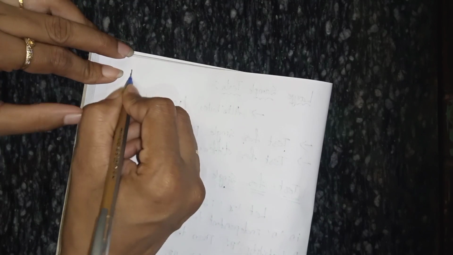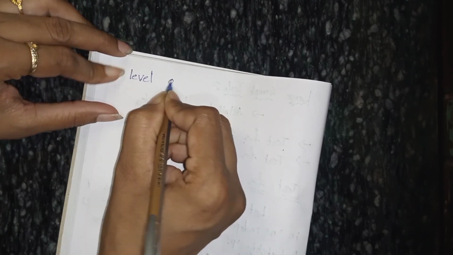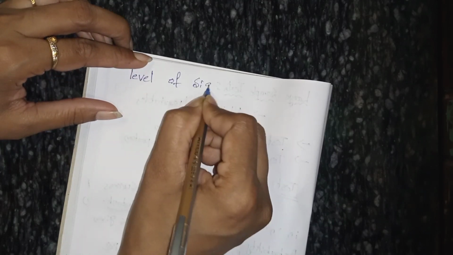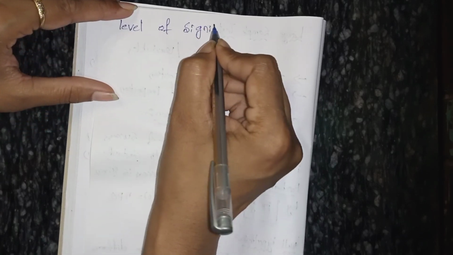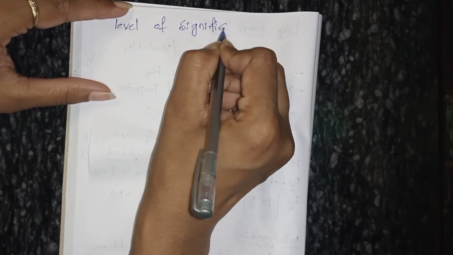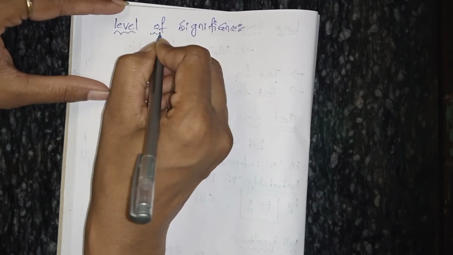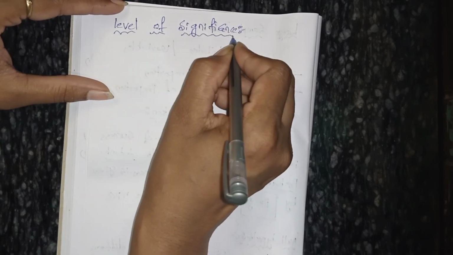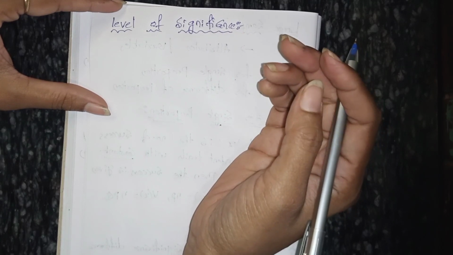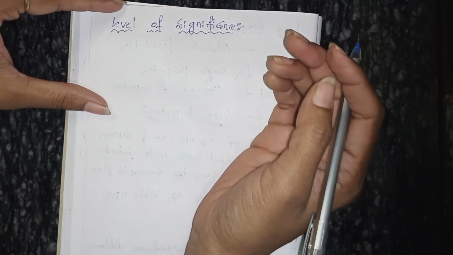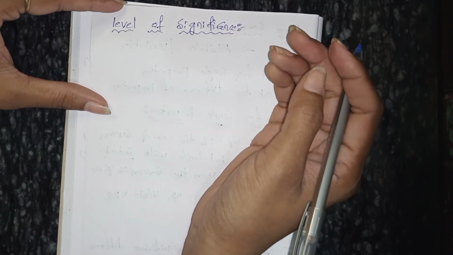Next step is level of significance. In level of significance, we decide at which level of significance we have to test, and compare with the calculated value.